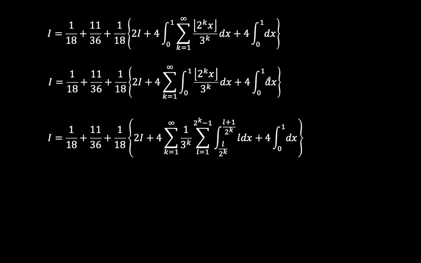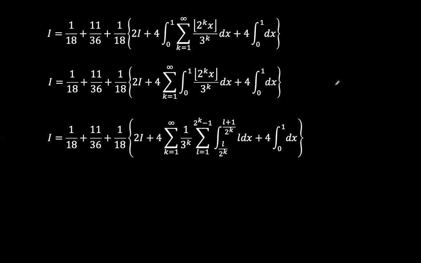So this is easy because now we can split the interval 0 to 1 into 2^k minus 1 strips here, and then we can use the index L, and in each respective strip we have a constant value, and that constant value is L. We've expressed that.